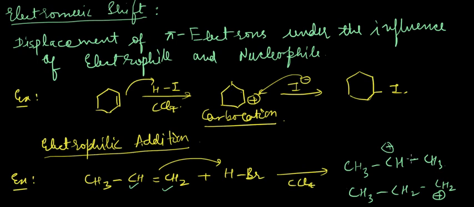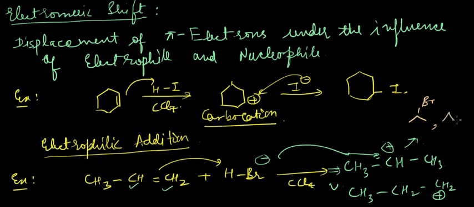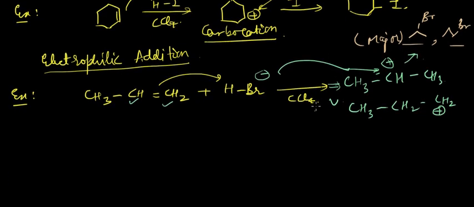So now obviously this is more stable than the below one. Why? Because it has more number of alpha hydrogens, hence this would be the major product formed, and then the Br minus would actually attack on this to form the major product, and this would be the minor product. Okay, so I hope you have understood the electrophilic addition reaction of alkenes.